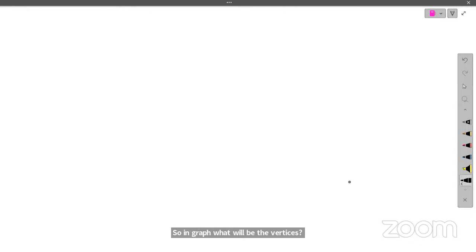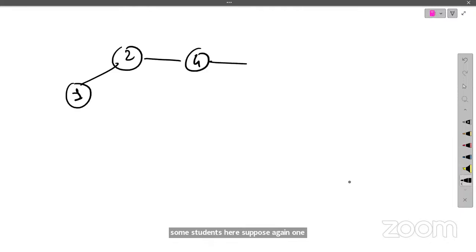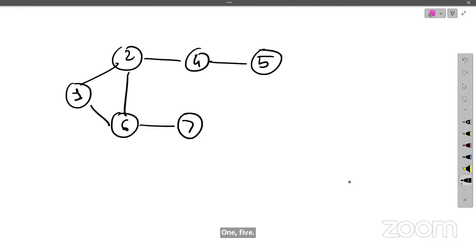In the graph, every student will be a vertex. So suppose we have some students here: 1, 2, 4, 5, 6, 7. Suppose this is our required graph.